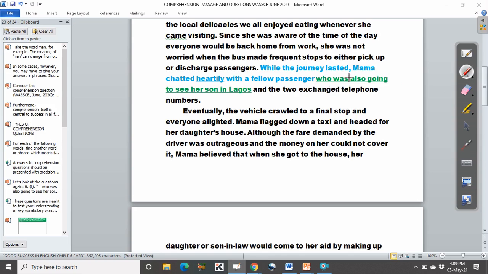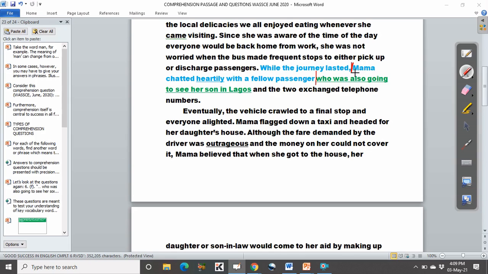Now, we are going to look at the entire sentence and we are going to begin to analyze this from here. All right? I have always taught you sentence analysis. You know, Mama chatted heartily with her fellow passenger who, all right, so you can see that Mama chatted with a fellow passenger.